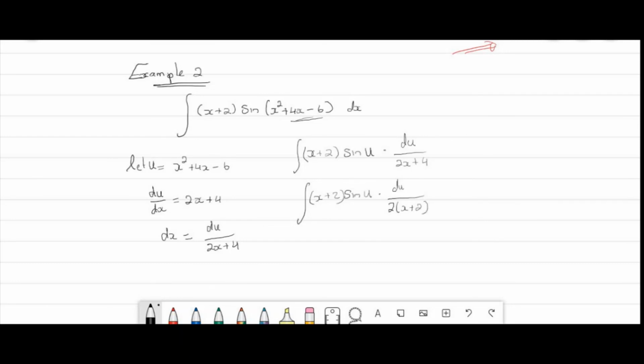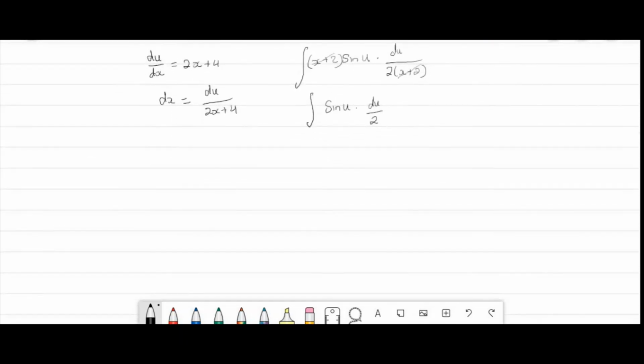And if I say that, that means this will cancel this. So if they cancel, now I'll be left with an integral of sine u multiplied by du over 2.